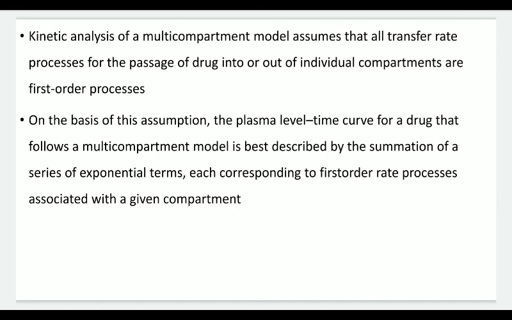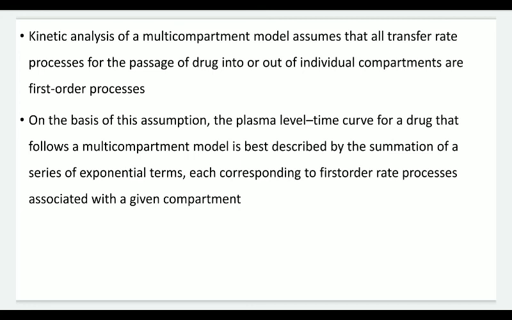On the basis of this assumption, the plasma level time curve for the drug that follows a multi-compartment model is best described by the summation of a series of exponential terms, each corresponding to a first order rate process associated with the given compartment.